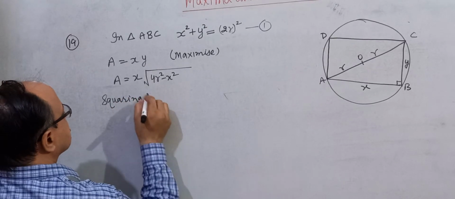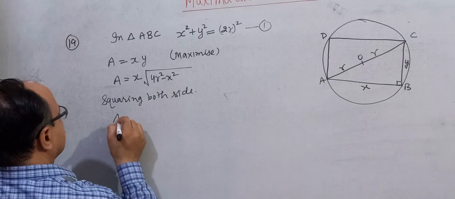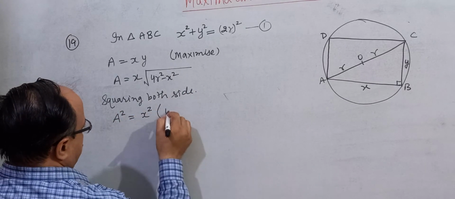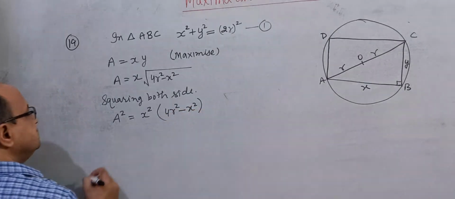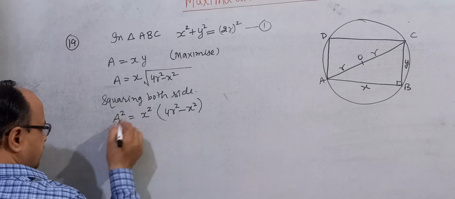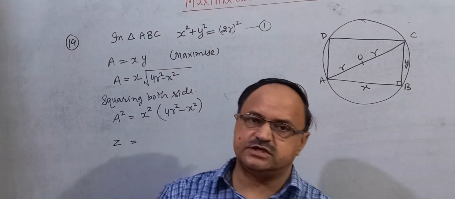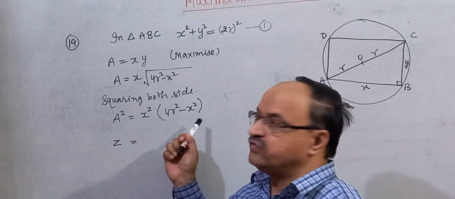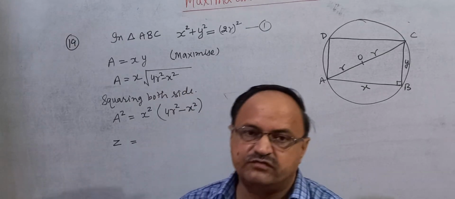Squaring both sides, that is a square is equal to x square into 4r square minus x square. Let a square is equal to z. You can give another name to this. Let a square is equal to z, or you can write a square is equal to f of x, because the expression is in the form of x.